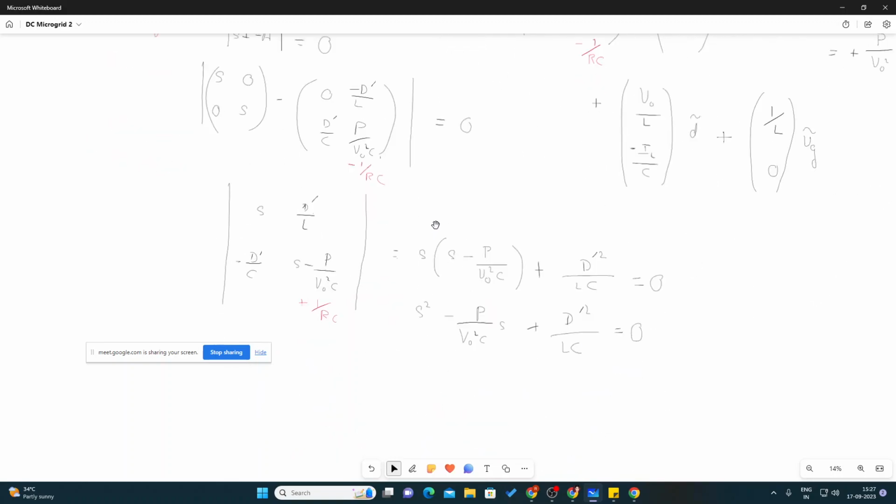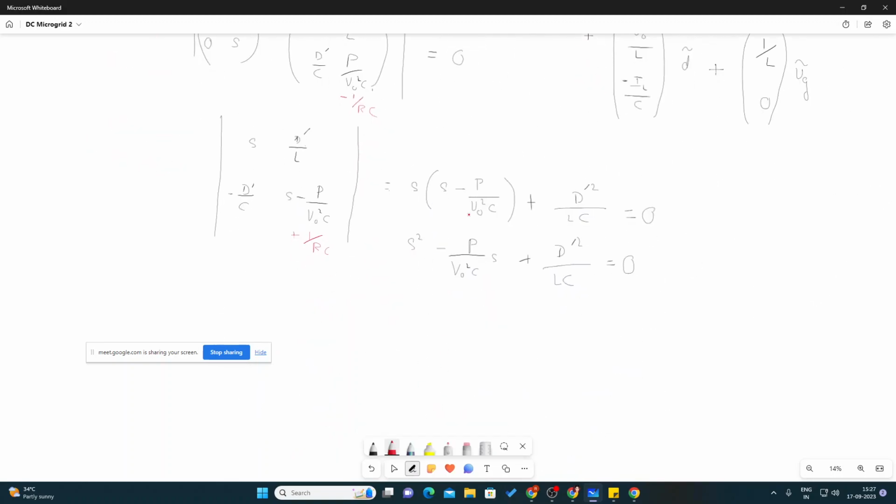So a plus 1 by RC, which results in a plus 1 by RC times S. So we will have S square plus S into 1 by RC minus P by V naught square C, plus d dash square by LC, equals 0.